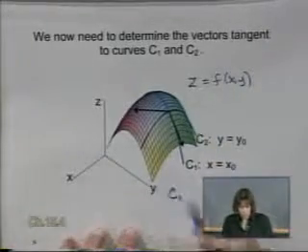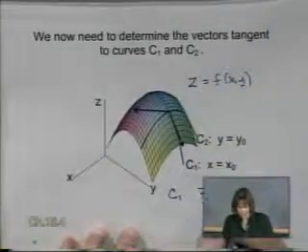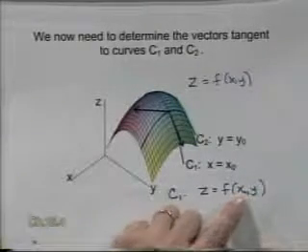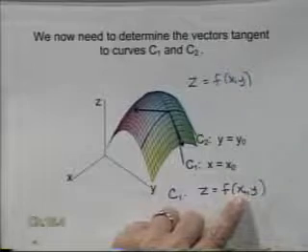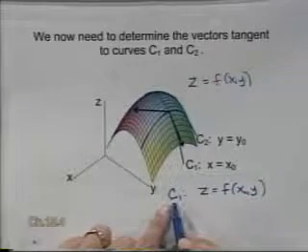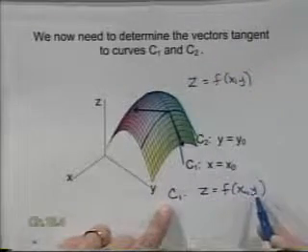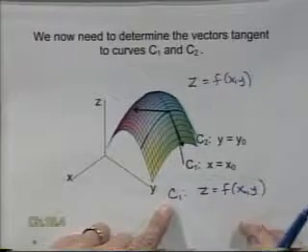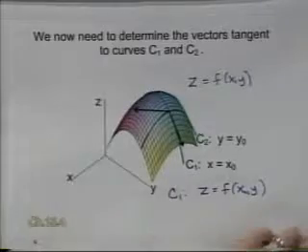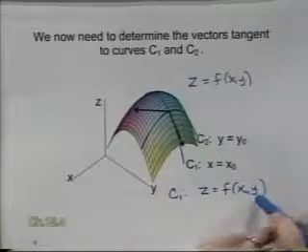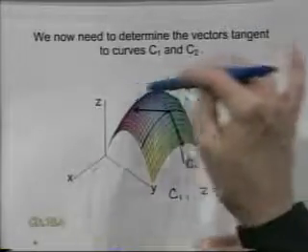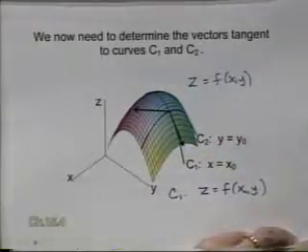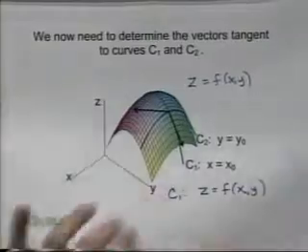But for C1, my equation is z equals f of x naught comma y, because every point on the curve has x equal to x naught. So as you can see, for this curve, in reality, you pick just y and you get what z is, because x is already chosen as being fixed at x naught. So z is really just a function of y on curve C1. And on curve C2, z would be just a function of x, because y is fixed at y naught.